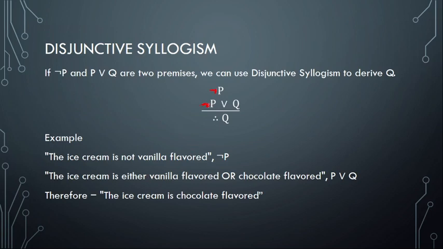If not P and P or Q are two premises, we can use disjunctive syllogism to derive Q.